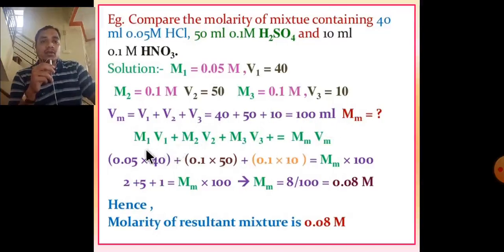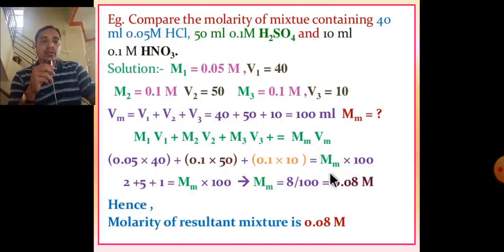Then the given formula: m1 v1 plus m2 v2 plus m3 v3 is equal to mm into vm. That is the combination of these solutions' volumes and molarities, which gives 2 plus 5 plus 1, is equal to mm into 100.